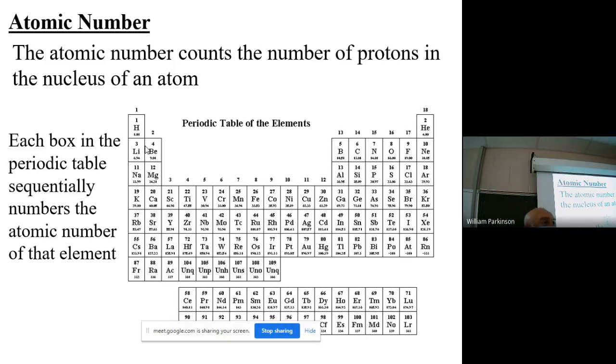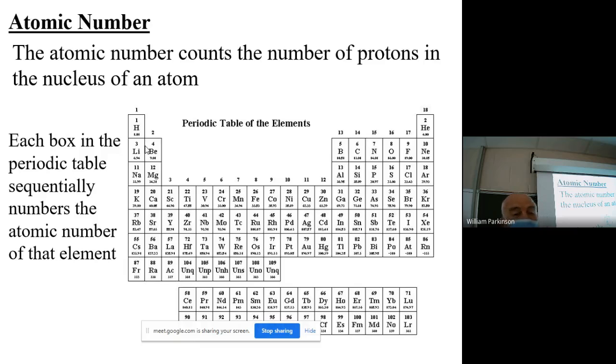Every element must have a different number of positive charges in its nucleus. And as a matter of fact, that is what is known as the atomic number. The atomic number counts the number of protons in an atom, and the atomic number is the value represented by the box number of the particular element.